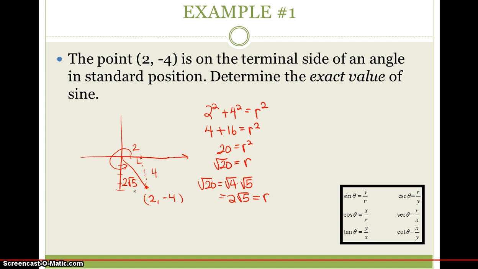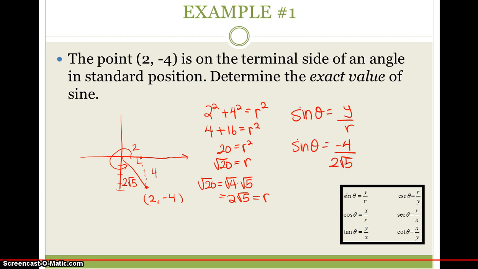In order to find the sine of theta, we know it's going to be y over r, just like it's listed down here. Our y coordinate is -4, so the sine of theta is equal to -4 over our r value, which we found here, 2 square root of 5.